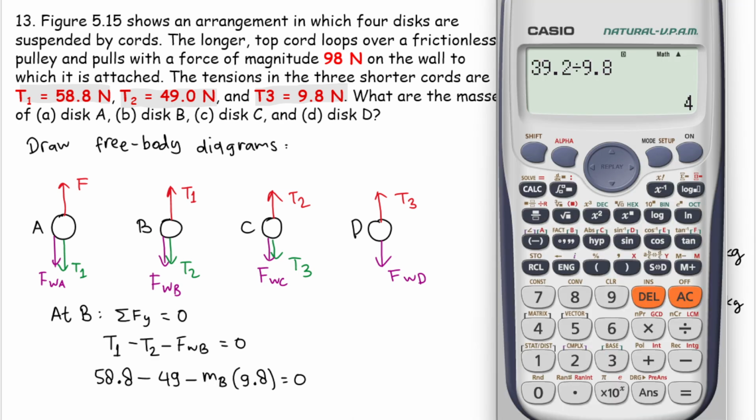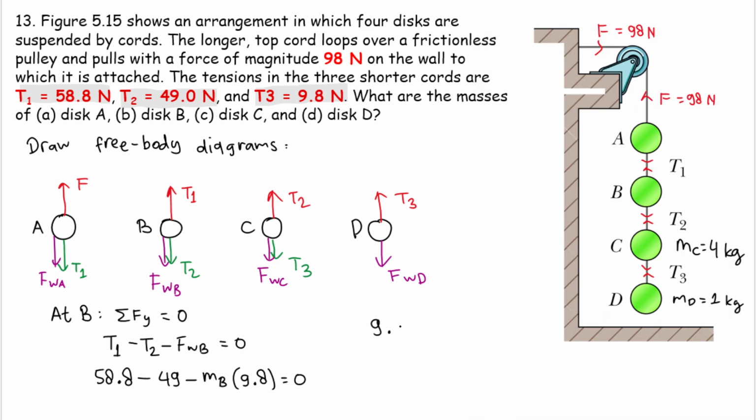Okay, all of that will equal to 0. I think I will need calculator help once again. So I have 48.8 minus 49 here, and we will have 9.8 minus the mass of B multiplied by 9.8. That will equal 0.